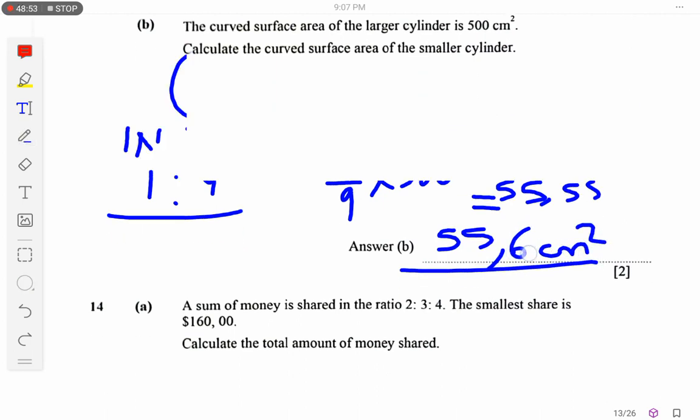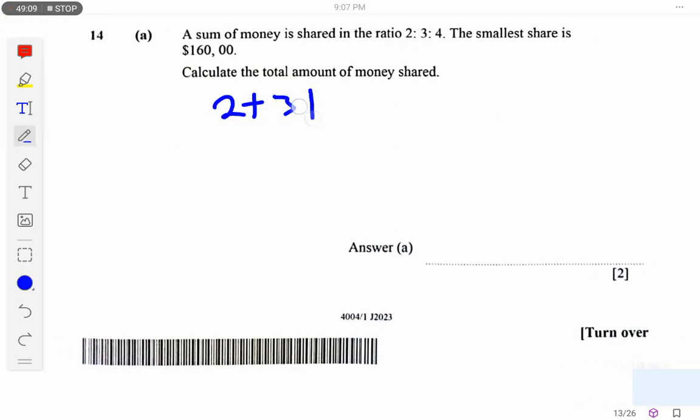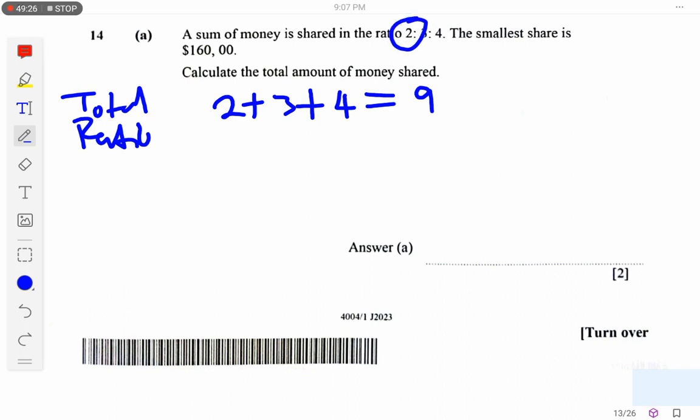Okay, let's move on. We are given that a sum of money is shared in the ratio 2, 3, 4. The smallest share is $160. So here the total ratio is going to be 2 plus 3 plus 4. This is our total ratio, we get 9. They are saying the smallest is getting $160. The smallest is 2, so I can say 2 as to $160.